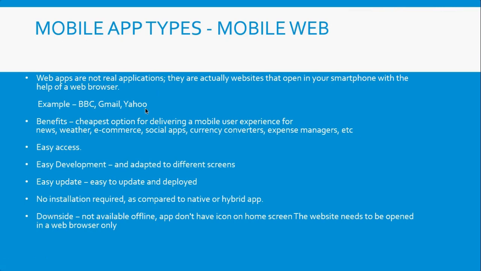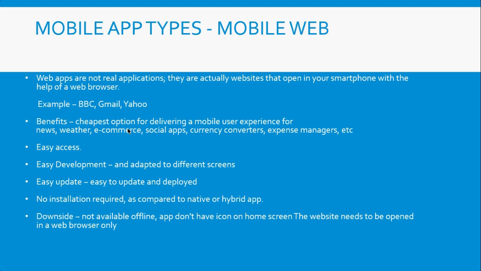And one of the benefits of this is that because they are not actually specific applications that reside on your phone, they are more like applications where you have to launch a web browser, and then you have to log in to bbc.co.uk, gmail.com, yahoo.com. You have to log in to them.